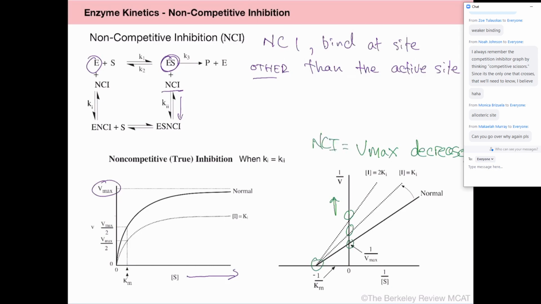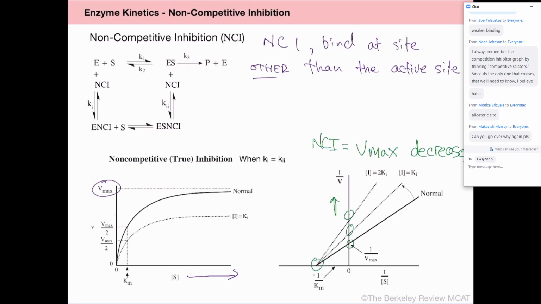Do you guys follow? Can you explain why the Vmax decreases again, please? Yes, absolutely. Let's erase these so I can draw on them again. Your enzyme needs to form an enzyme-substrate complex to be able to form a product, and your Vmax is just how much product you can form, how quick your k3 is.